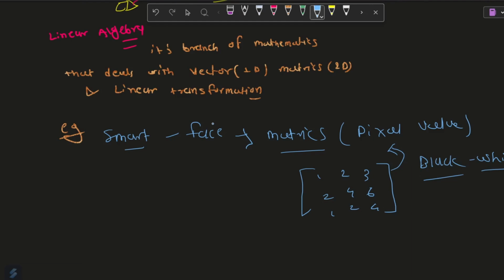Another example is feature extraction. When you perform feature engineering to train your model, it is a very important topic, because without feature engineering you can't train your model.